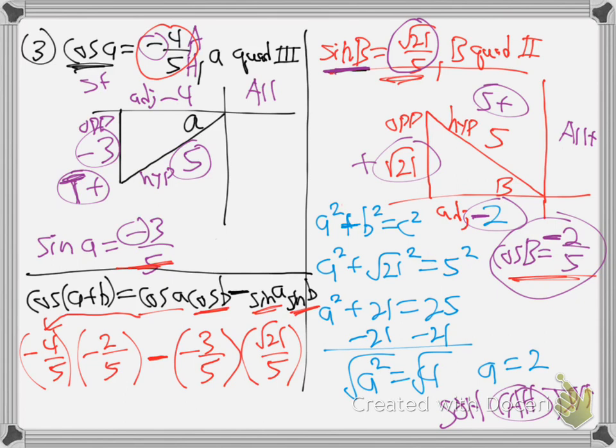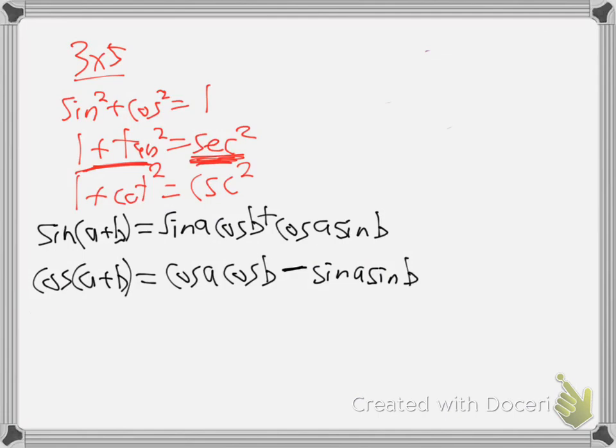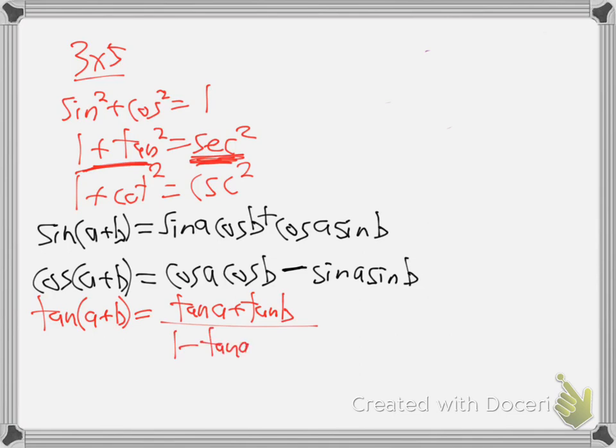Tangent of A plus B is tangent A plus tangent B over 1 minus tangent A times tangent B. Yeah, they're multiplied. Maybe I'll do parentheses in the bottom, make that more clear. So that's a good one to have as well.